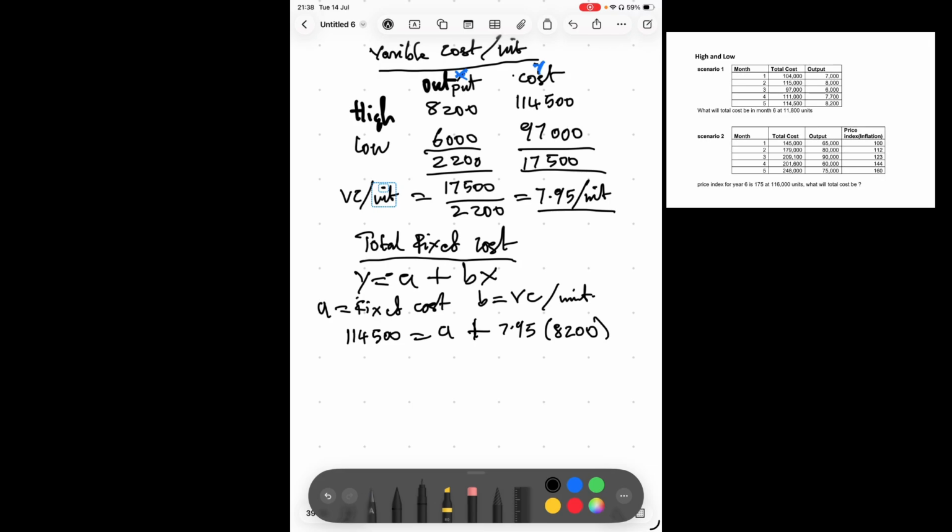So a will become 114,500 minus 7.95 times the quantity of 8,200.